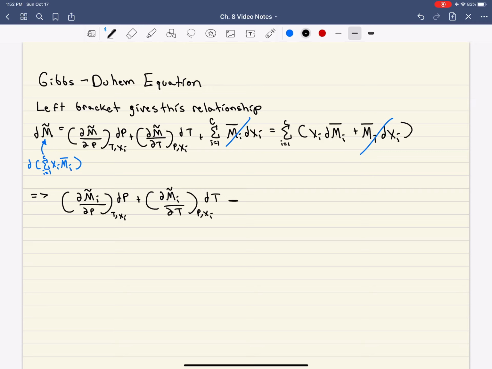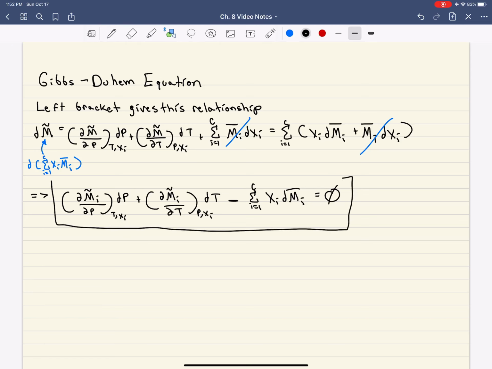Minus the summation of x_i dM_i. Summation is going to be equal to 0. Okay.